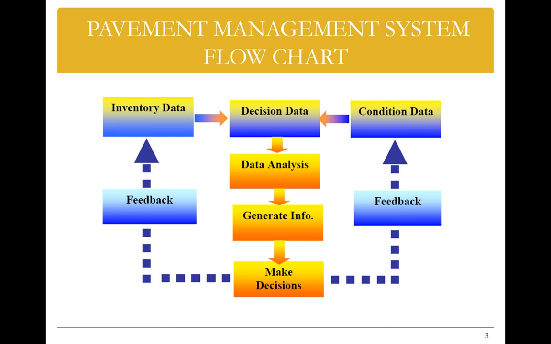The way the pavement management system works is at the beginning you have to start with collecting what we call decision data. Decision data is basically data like the pavement performance, like what we studied in the previous chapter. For example, fatigue cracking. So we need to go to the field, observe what's going on in terms of the performance, and measure how much fatigue cracking was there over time.